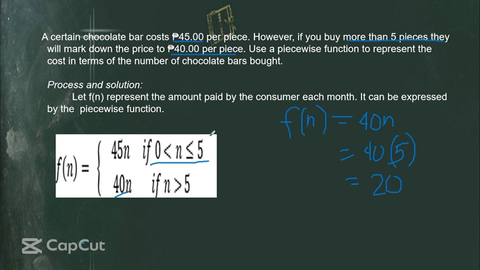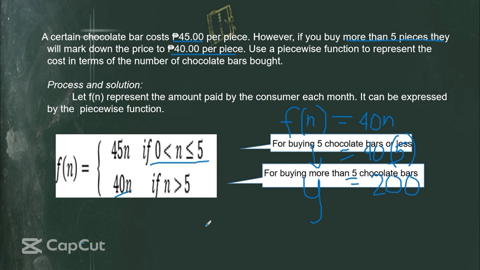Once you go beyond, your price is marked down a little more. Understood? So, your f of n is equal to 20. Oh, not 20. 40 times 5, that is 200. Why did I say 20? So, 200. I'm sorry. So, next.